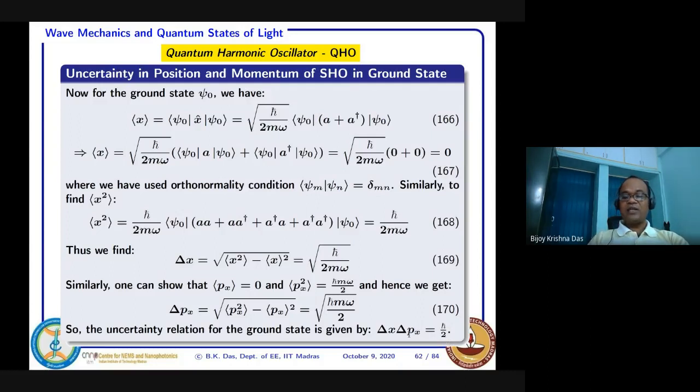But here we get exactly equal if we use only the ground state. If it is not the ground state, if you start with psi 1, you may get delta x delta px greater than h cut by 2. So if any system is in the ground state, the uncertainty is minimum, h cut by 2, but in the normal case delta x delta px is always greater than h cut by 2.